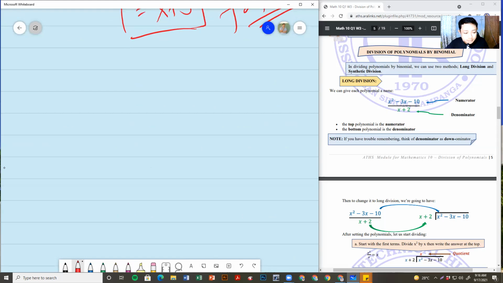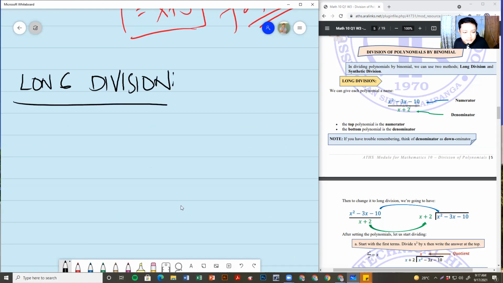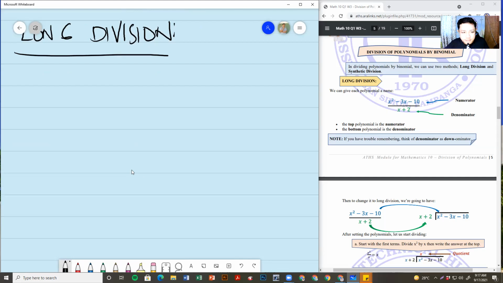So let's use the same example. Let's do the long division. And this is actually easy. Let's have this equation: x squared plus 10x plus 25 divided by x plus 5.